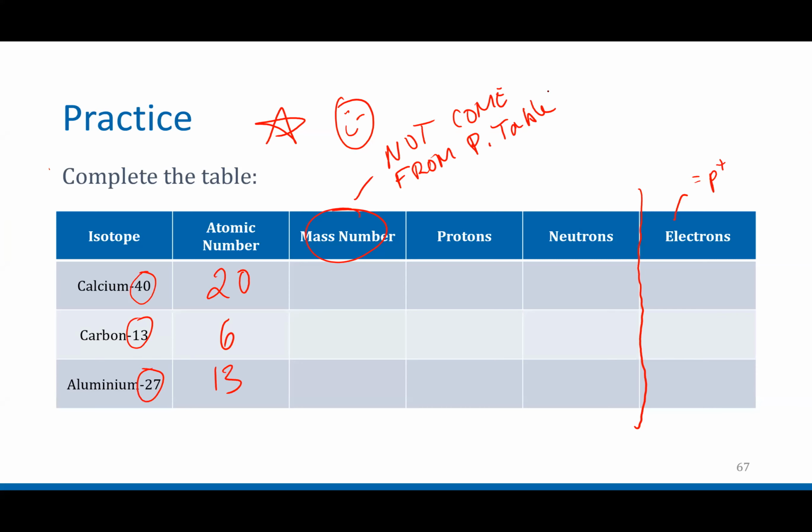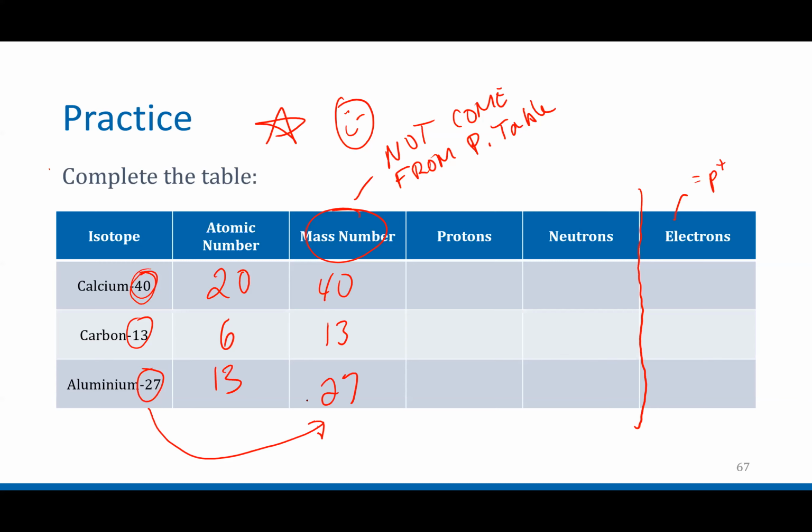No decimals. So the mass number comes from the name. So 40, 13, and 27. Again, it comes from the name.